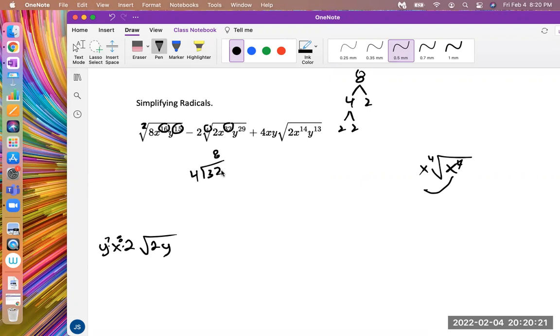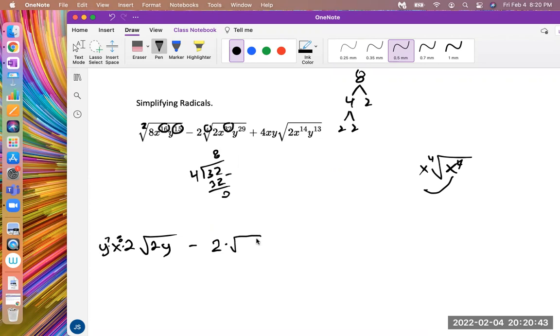That's 8 times, and the remainder is 0. I'll just write the negative sign, but it's not going to affect any of our calculations, so we'll just keep it there.